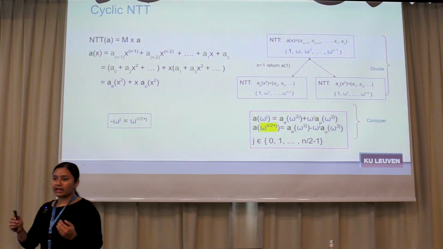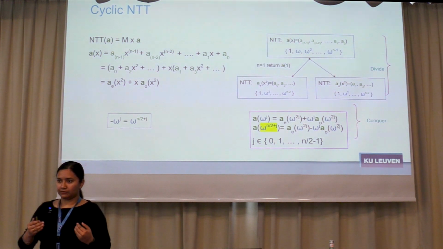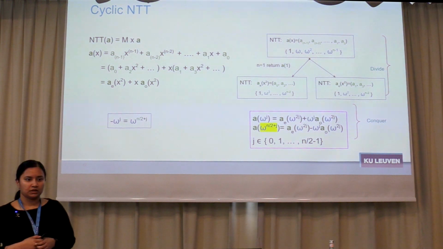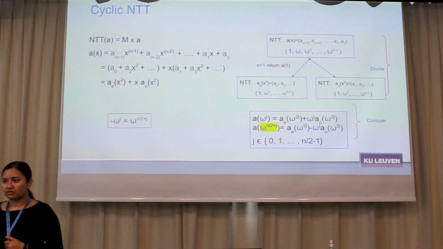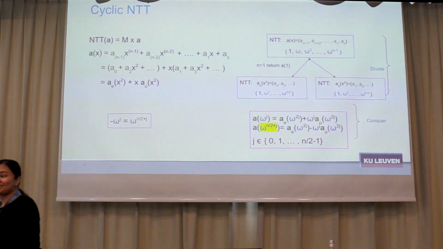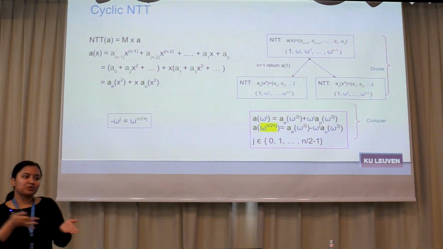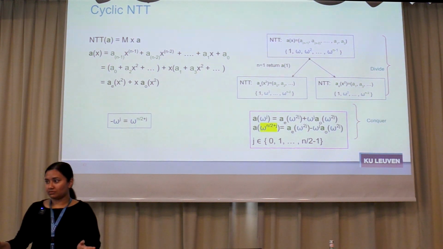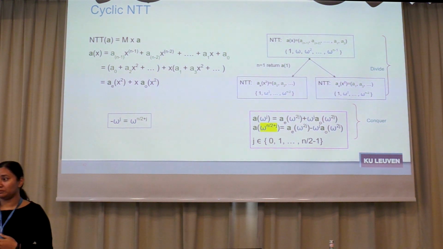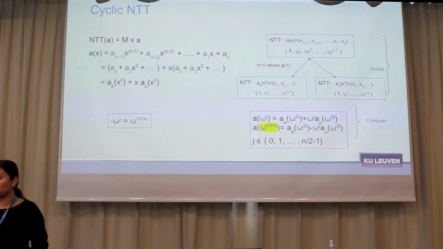So omega to the power n by 2, the half root kind of, is minus 1, right? Because omega to the power n is 1 and it is the highest one, a primitive root, then omega to the power n by 2 should be minus 1. If omega to the power n by 2 is 1, then it's not an nth primitive root, okay?